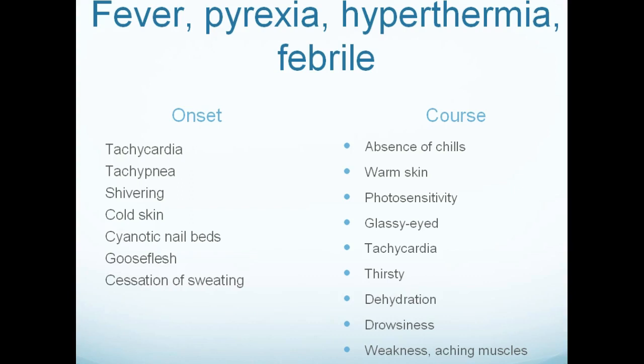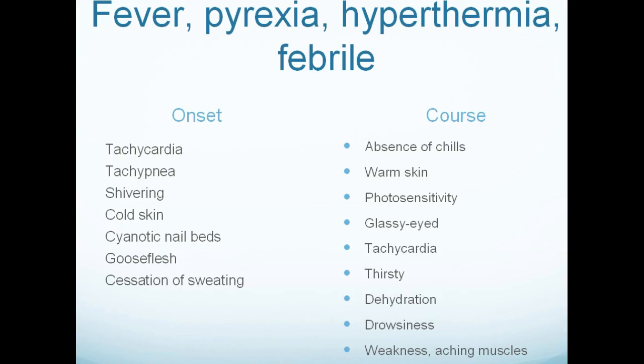And your axillary and tympanic temperatures are usually 0.9 degrees Fahrenheit to 0.5 degrees Celsius lower than your oral temperatures. Basically, that 0.9, I like to just say 1, but let's go with 0.9 degrees higher.